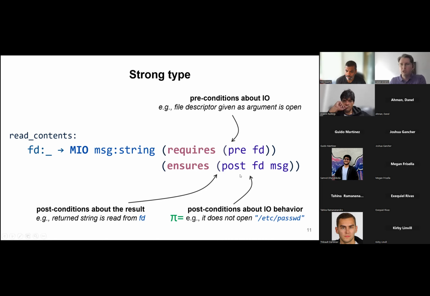So the monitor will keep in its state that it has read some message from a file descriptor. And when we enforce the post condition, we can look at what this function read from that file descriptor and check maybe if the concatenation of those contents equals the string. I mean, we don't necessarily require it, but it's easy to think that the monitor state is the trace.